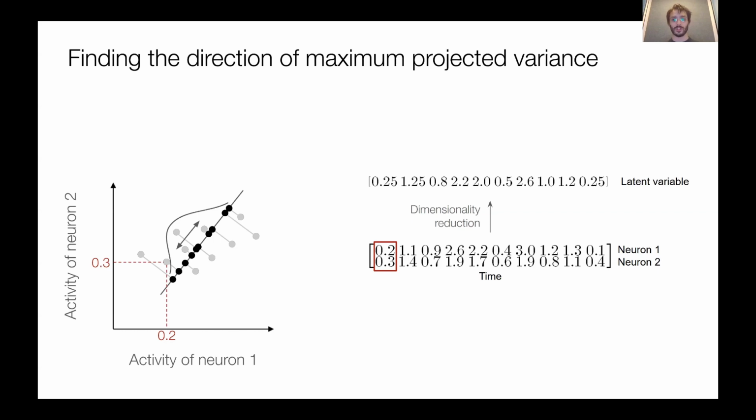And the way we can do that is via a matrix that is just going to take different linear combinations of the activity of my two neurons to characterize this latent variable. So now we have a low-dimensional description of the data, so we can just visualize the data within this subspace.